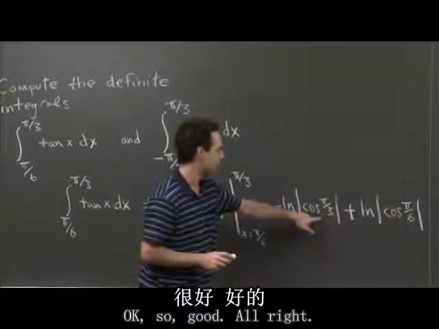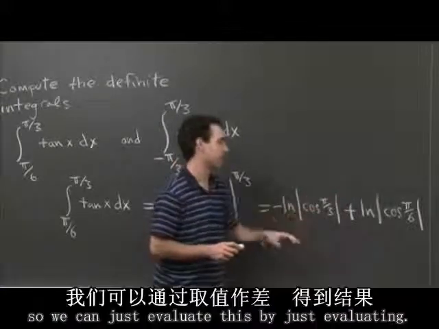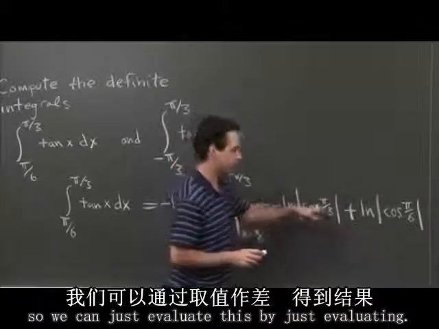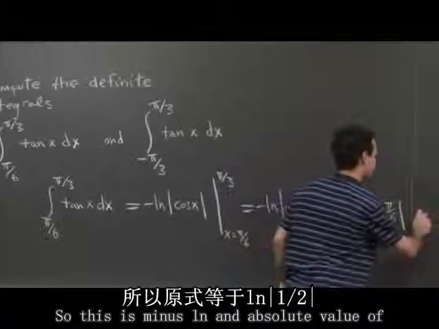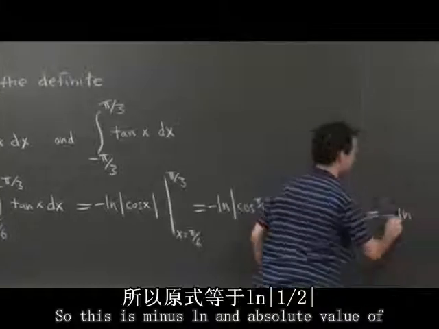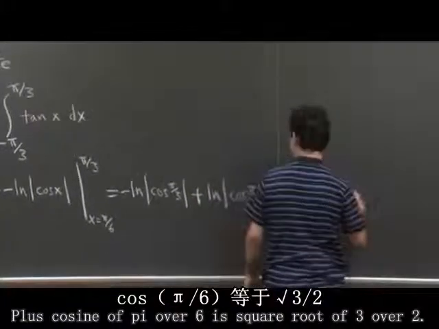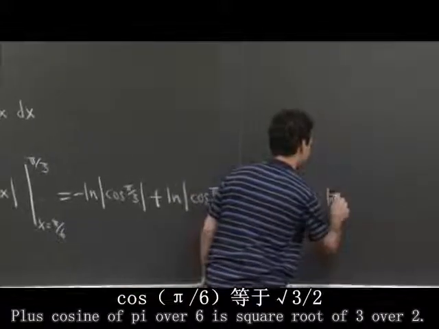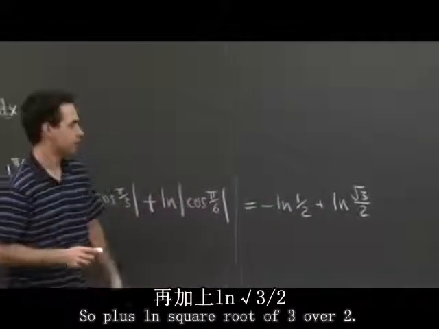OK, so we can just evaluate this. Cosine of pi over 3 is going to be 1/2. So this is minus ln of 1/2, the absolute value of 1/2 being just 1/2, plus cosine of pi over 6, which is square root of 3 over 2. So plus ln square root of 3 over 2.